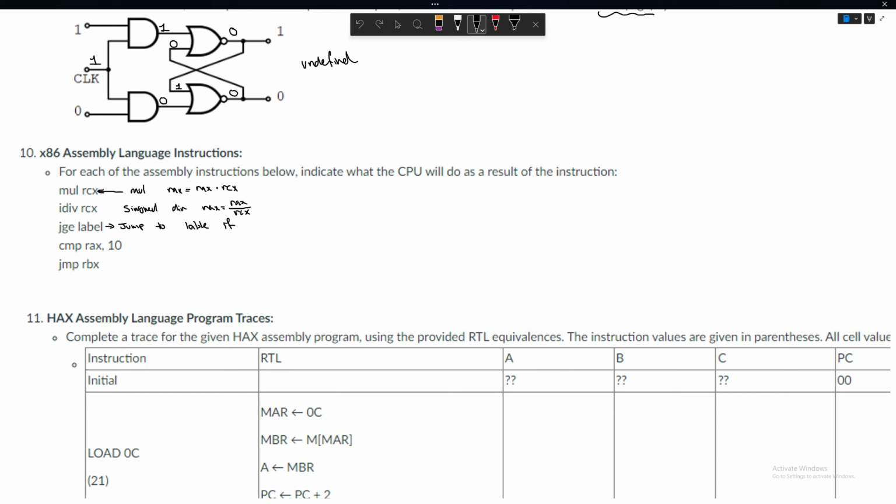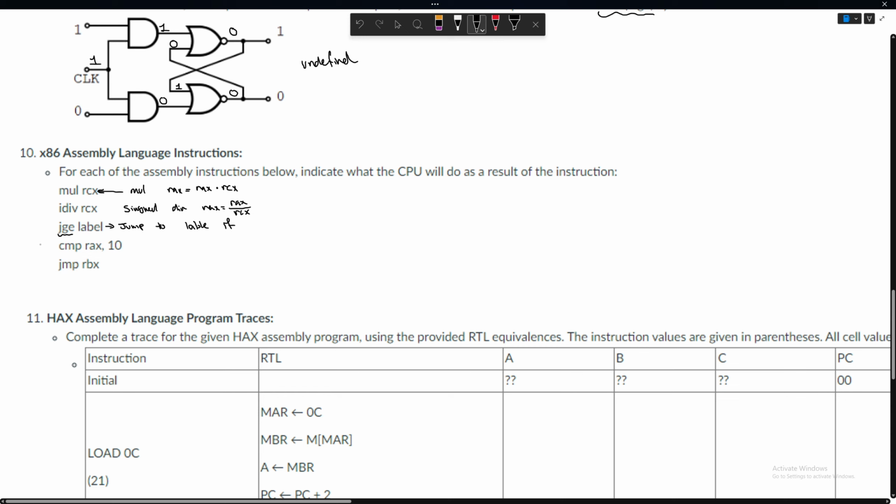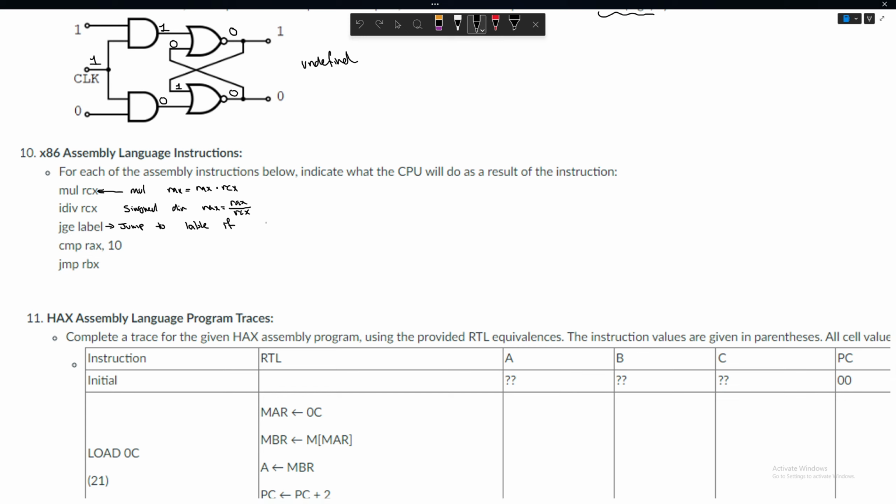And I believe this one is the less than or equal to or more than or equal to. You guys can confirm what this actually means in one of my lectures that I just posted. But I think it's more than or equal to. So this would be if A is more than or equal to B. And yeah, so it would jump to the label if this.